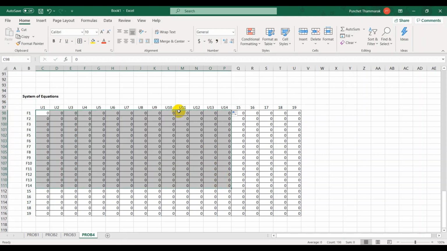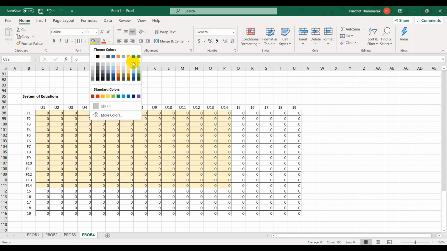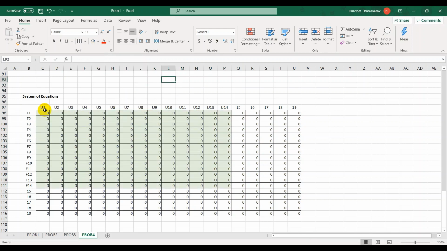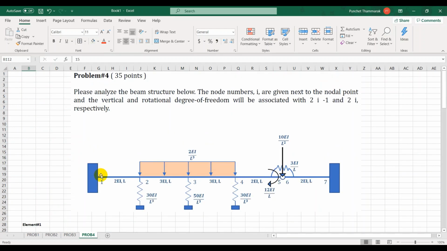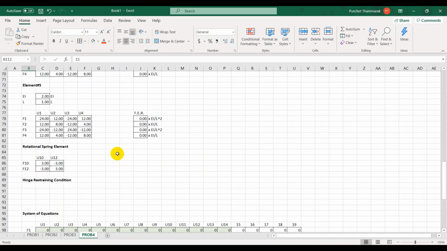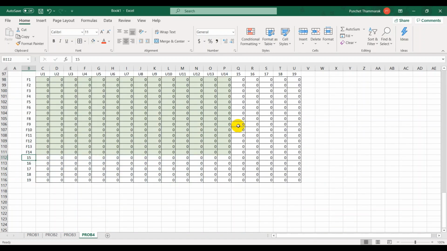And that's it. I will color this part a little bit. So over here I will have reactions 1, 2 and reactions 13 and 14. So I call it R1, R2.